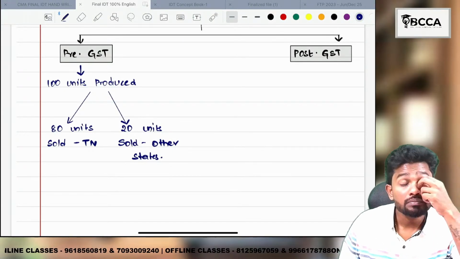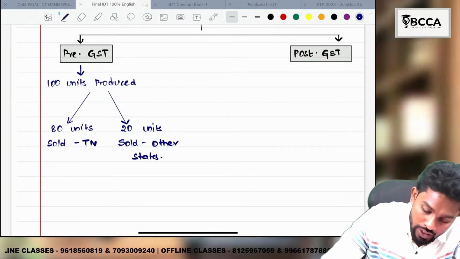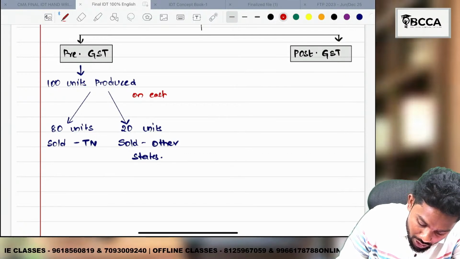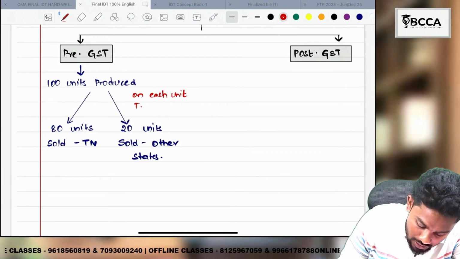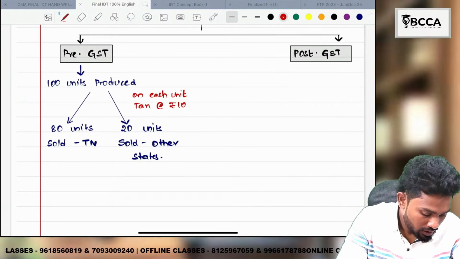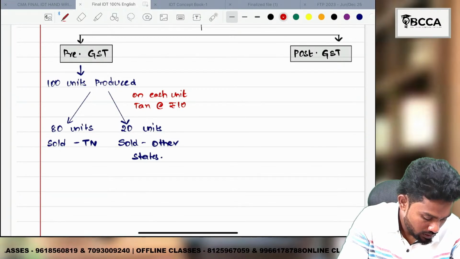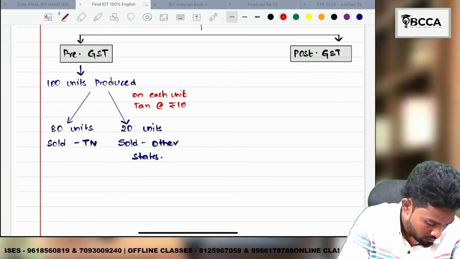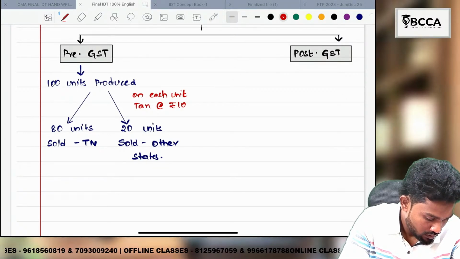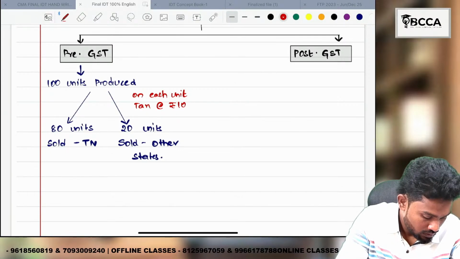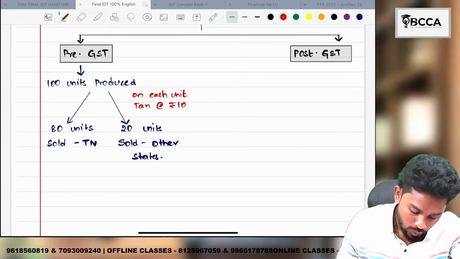Now let's say on each unit, let us assume there is a tax at rupees 10. Okay, 100 units.